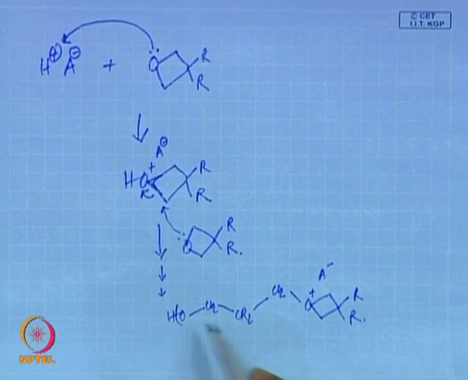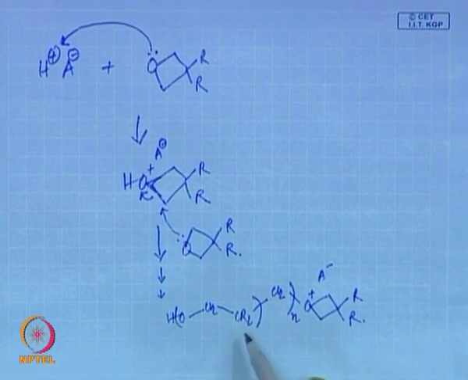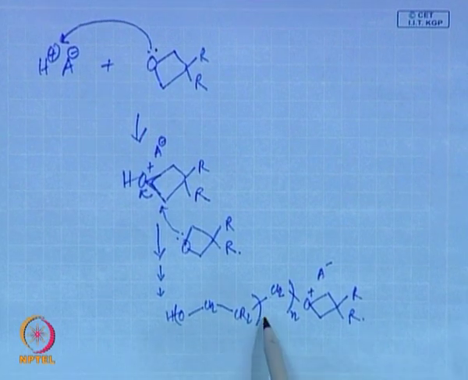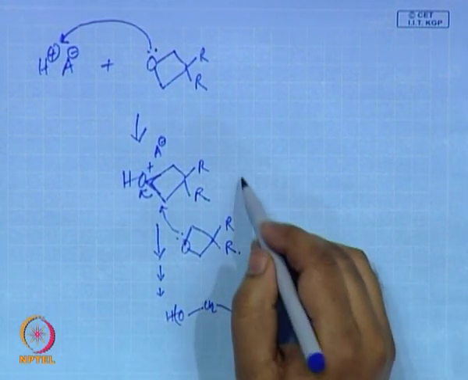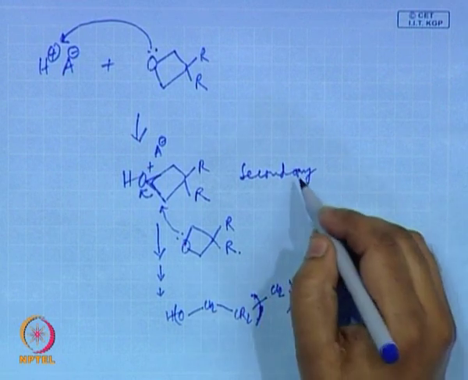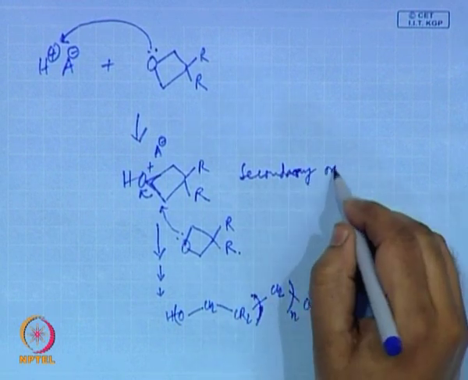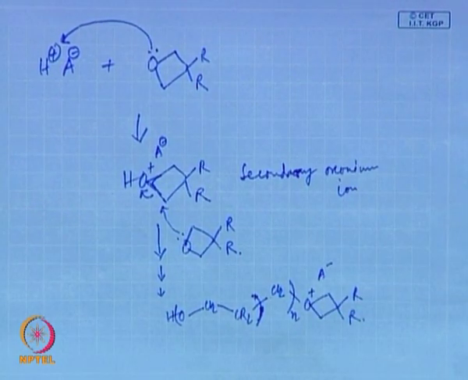So, you can make a polymer like this. This will form a secondary oxonium ion. This is a tertiary oxonium ion.